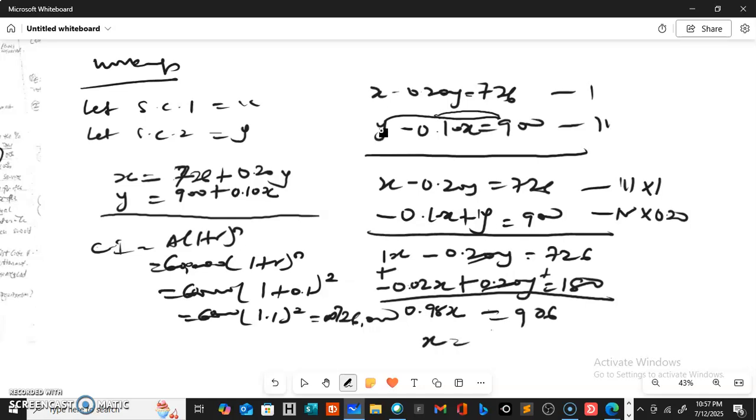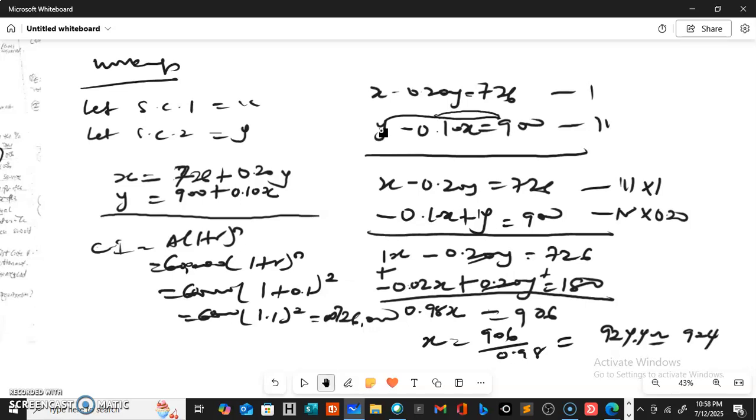So x equals 906 all over 0.98. That will be 906 divided by 0.98. That's going to give us 924.4. So let's just approximate as 924.